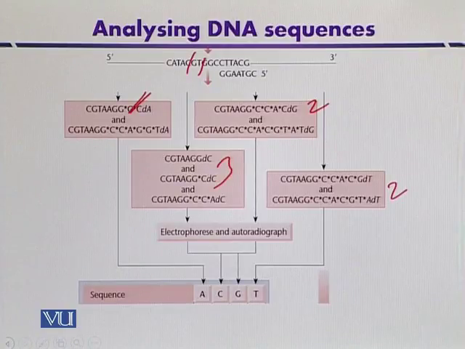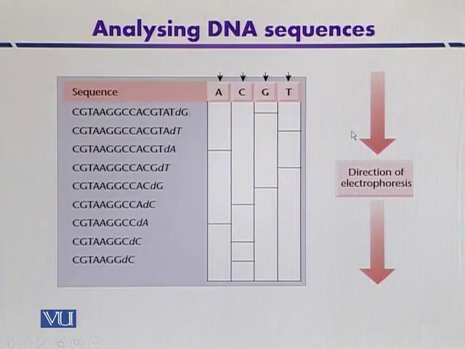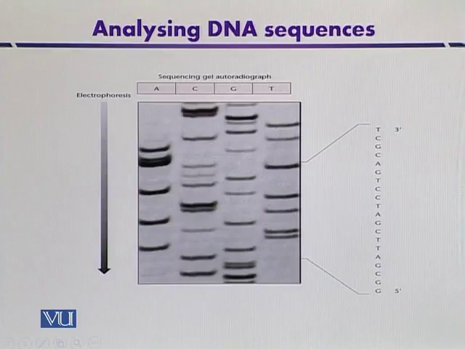So we will get a mixture of different fragments that will be resolved on gel electrophoresis, and in this way we will get the complete sequence of the bases. And finally, this is the polyacrylamide gel autoradiogram that can show the sequence of different base pairs.